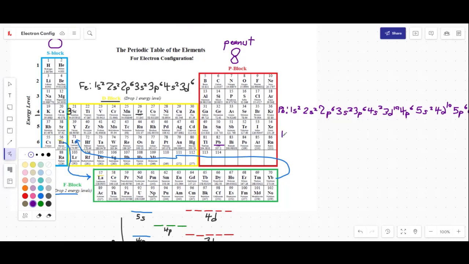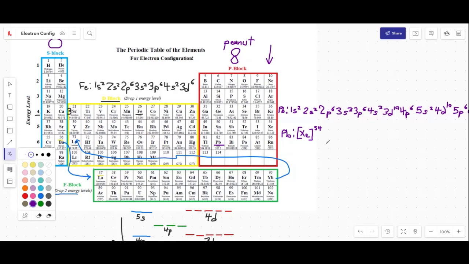What you do for noble gas notation is you simply start from the previous noble gas. What noble gas comes before lead? Remember, these are your noble gases right here. Xenon. So I'll put a bracket Xe, and if you want to, it's optional, you can put the number of electrons filled up to that point.